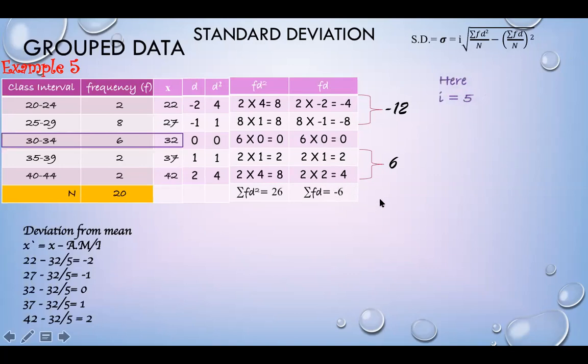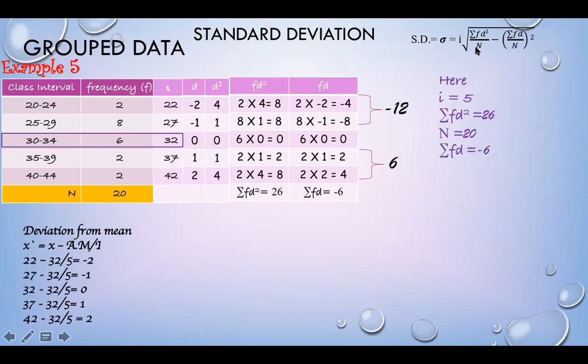Now we have the size of the class interval. As you know, the size of the class interval is the difference between two lower limits or the difference between two upper limits. Here the size of the class interval is 5, the summation of fd square is 26, the number of observations is 20, and the summation of fd is minus 6.